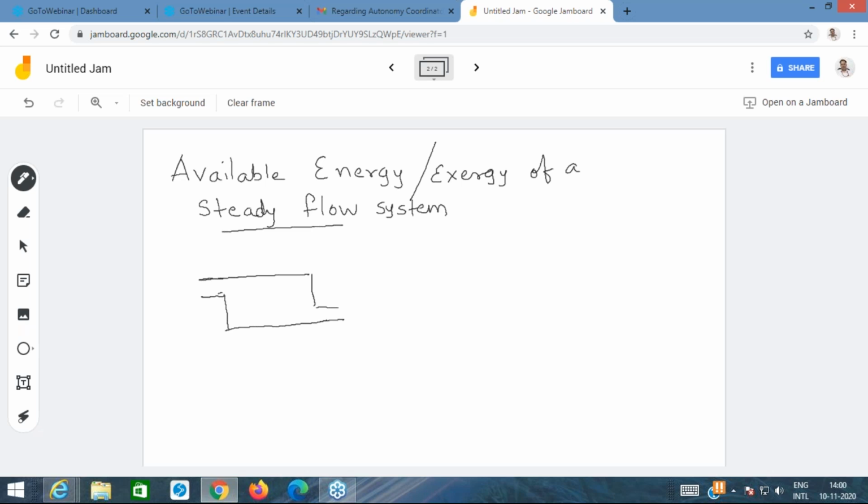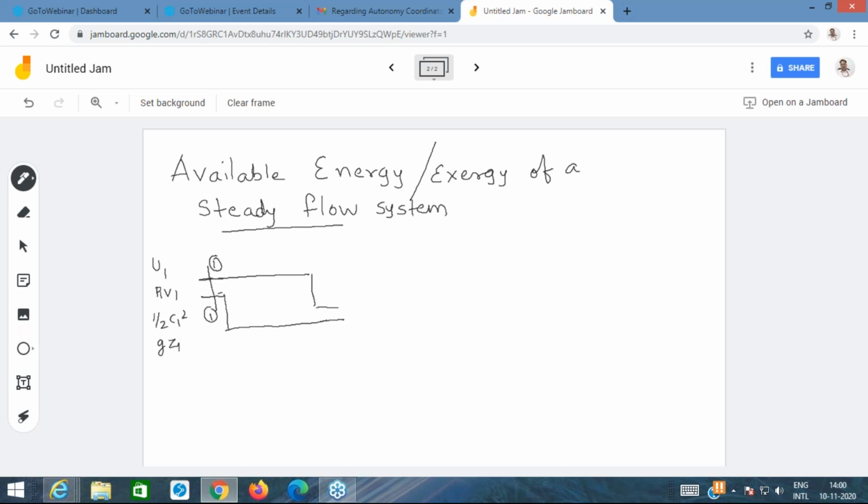This is section 1, the inlet section, and the properties at the inlet are U1, which is internal energy, and P1 V1, the flow work. Let us say the kinetic energy is half C1 square and the potential energy is just g Z1, where Z1 is the elevation from reference.